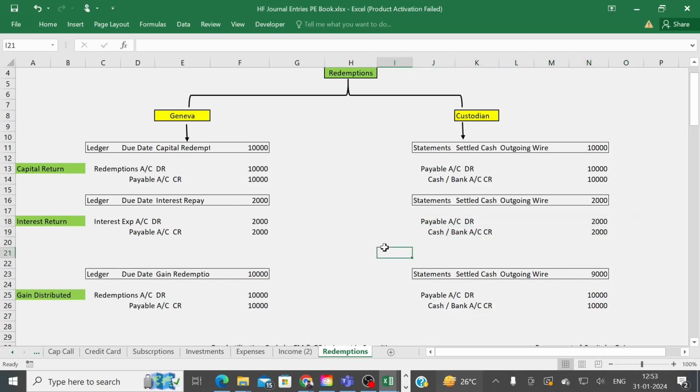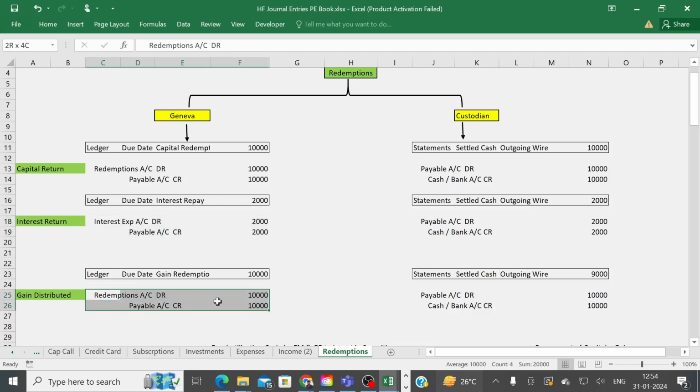When you process the payment for expense, income, capital, or gain, cash will be credited and payable would be debited. If you are processing interest, as I said, interest expense account debit to payable account credit. The fund can also initiate or process the interest payment, and payable account debit to cash account credit in case of that payable settled in the bank account.